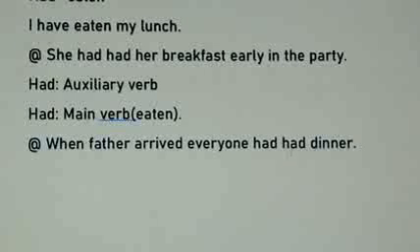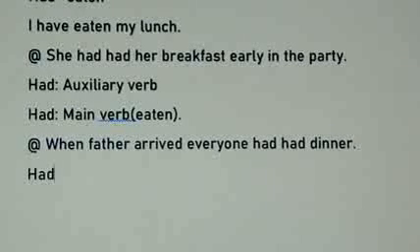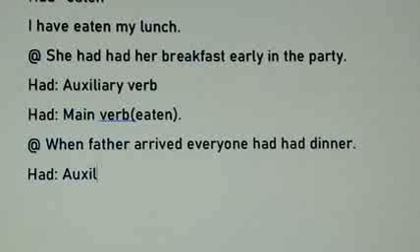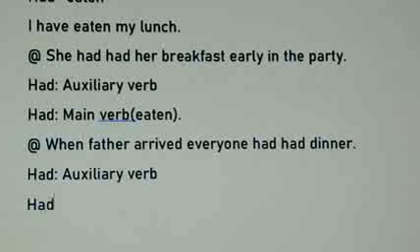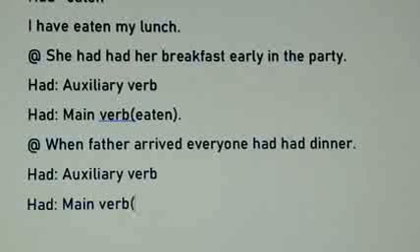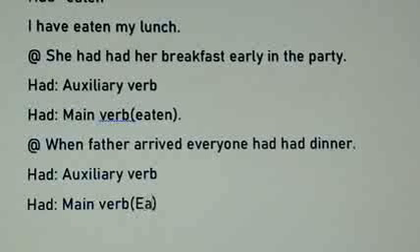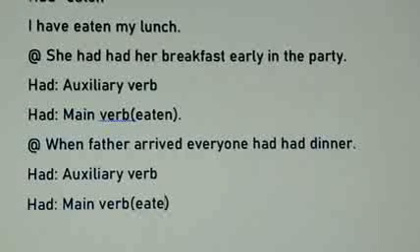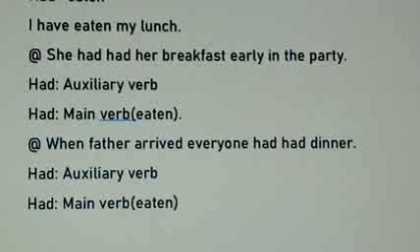It means what? The first had is working as an auxiliary verb over here. And the other had, definitely it is working as a main verb, and it must be giving the meaning eaten. It means when father arrived, everyone had eaten dinner.